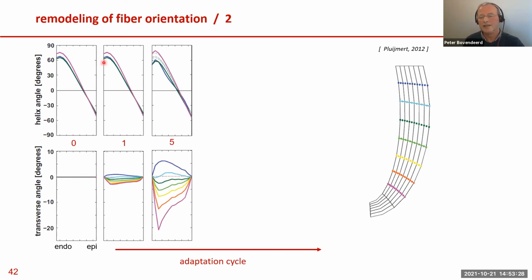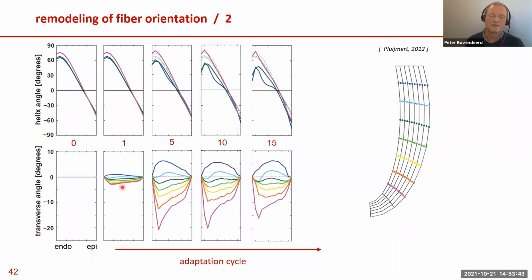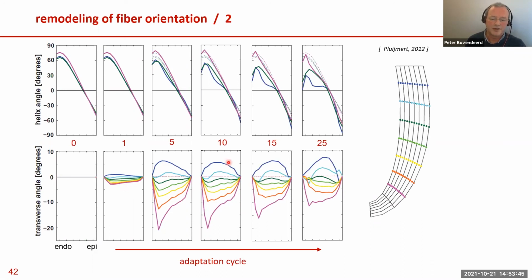And as you can see, at first the helix angle distribution doesn't change too much, but we get the typical distribution of the transverse angle that we saw earlier, and that's also observed in experiments. If we continue this process, finally it diverges. So this is not the whole story, but it gives us an idea on how to define the fiber field in patient-specific models.